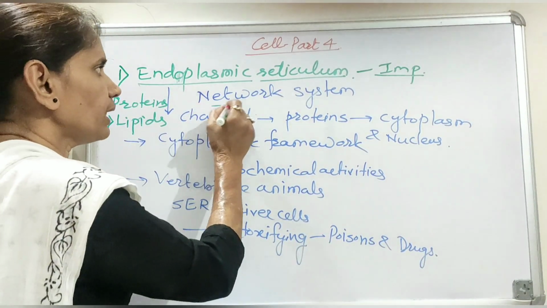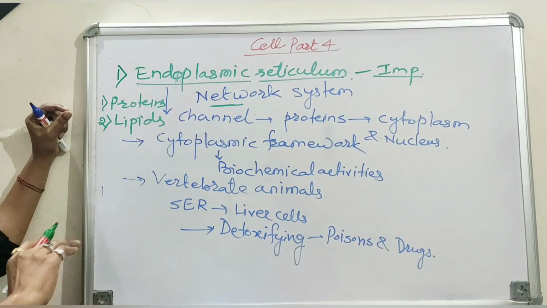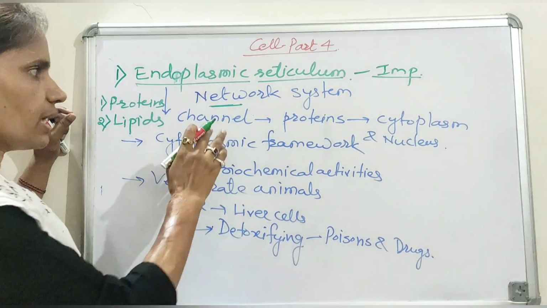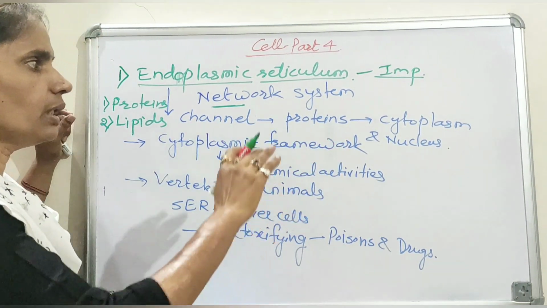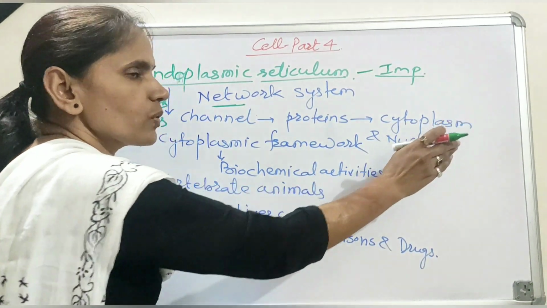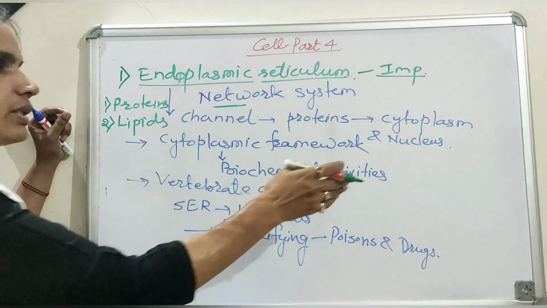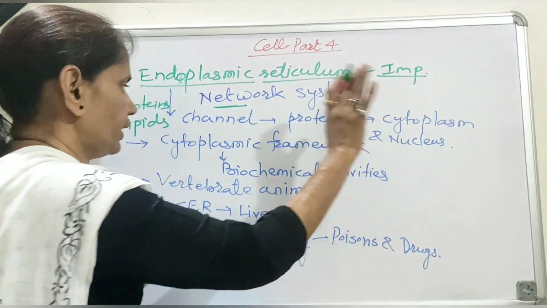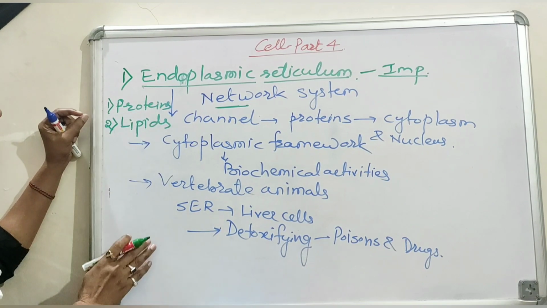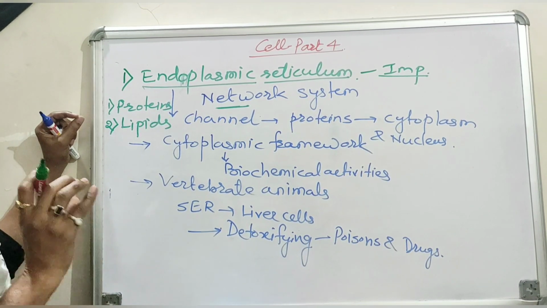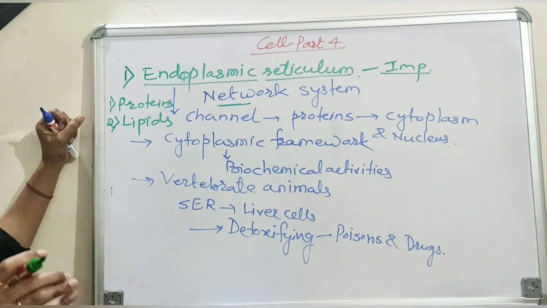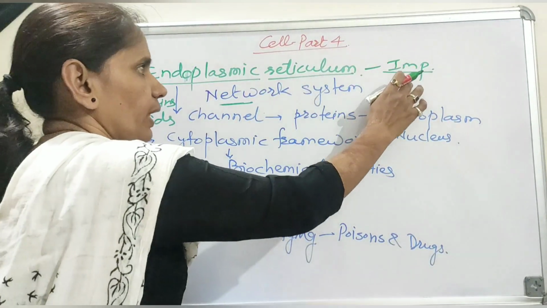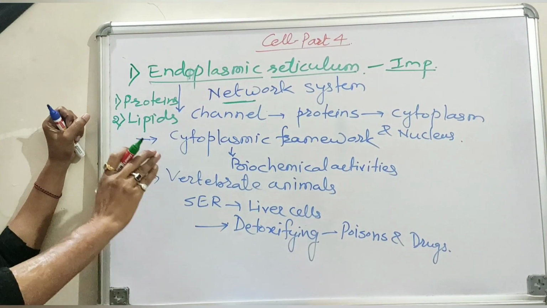As this is a network system, it acts as a channel for providing proteins at various regions of the cytoplasm as well as between the cytoplasm and nucleus. So the endoplasmic reticulum, being a membrane bound network system, is an important cellular organelle in eukaryotic cells. Let's come to the end of this session.